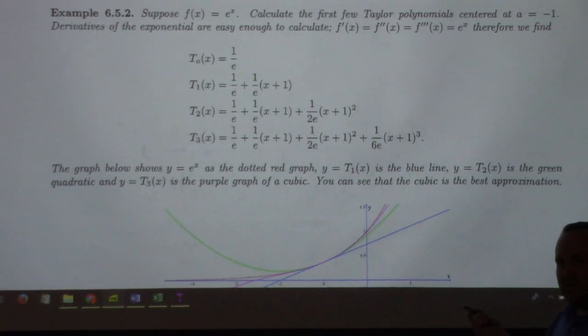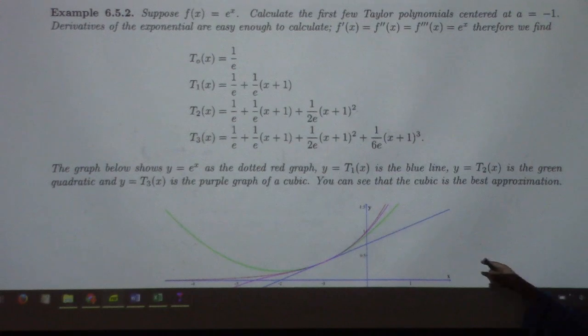So f^(n) of -1 is always 1 over e for this example, which is why I've got 1 over e, 1 over e, and so on. What's this 1/6? That's the 1 over 3 factorial. That 2 is the 1 over 2 factorial that we derived in the purple, remember?